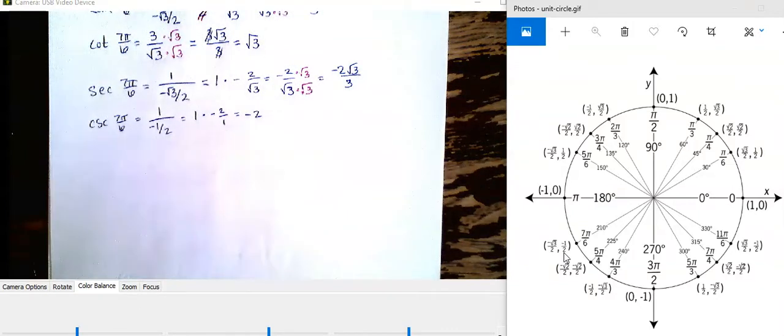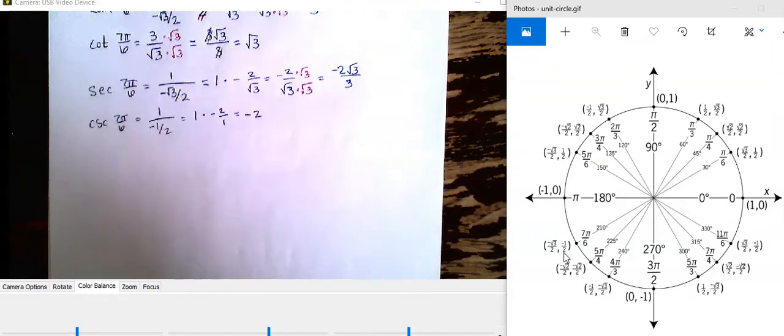Alright, now that we are able to find points associated with different angles, we can graph these functions just like we did with sine and cosine. We'll also investigate the periodicity of each of the functions and some other things associated with them.